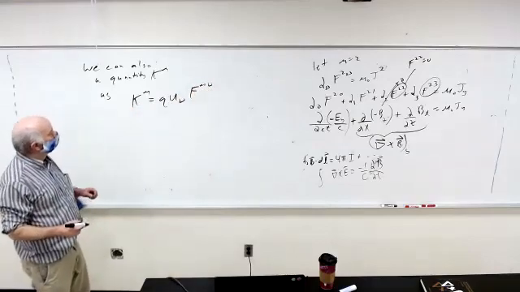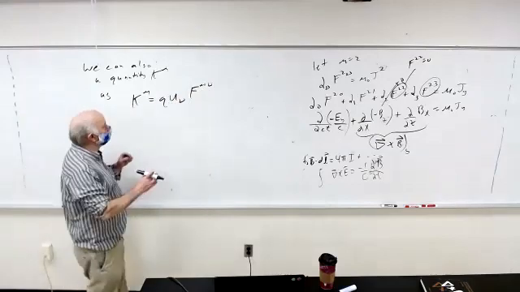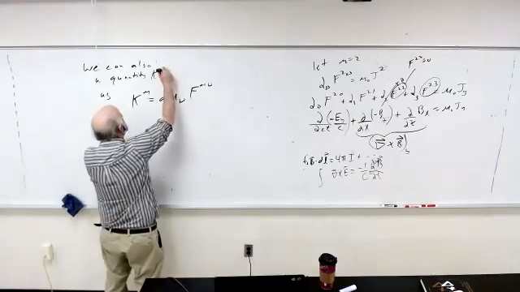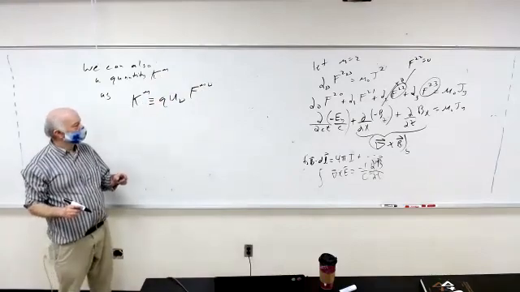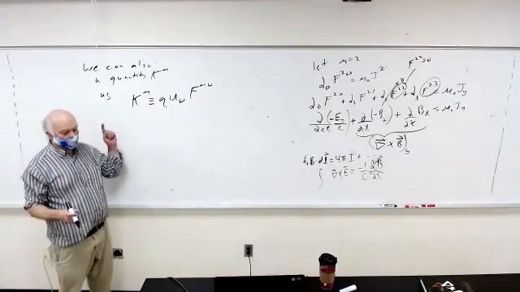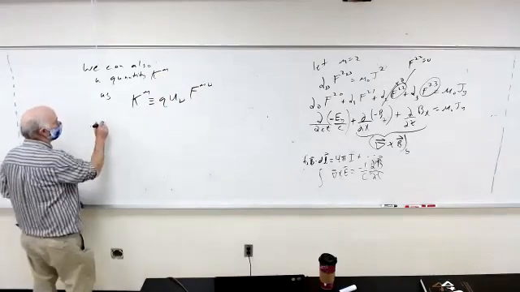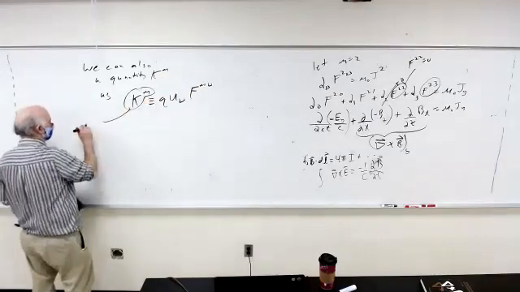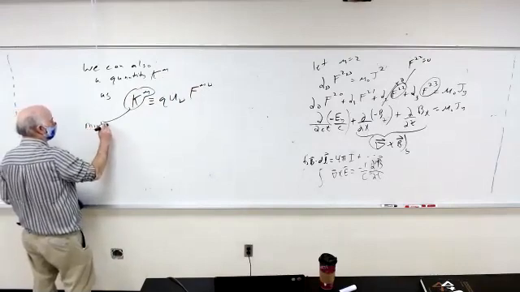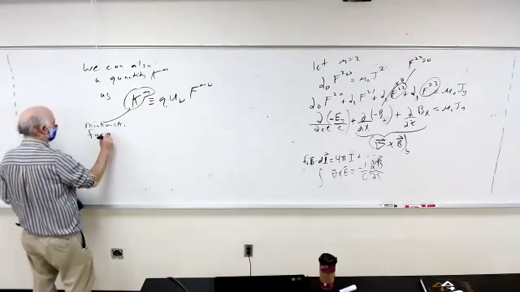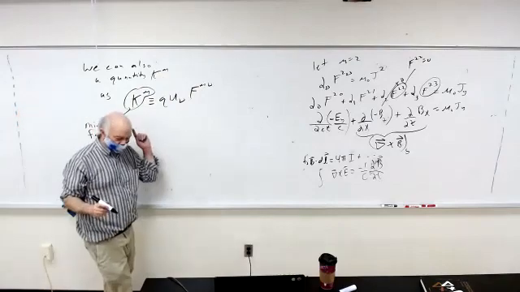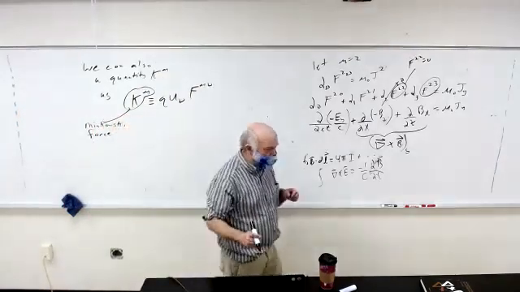I haven't told you what this K mu is yet. We're defining it like this. We'll find out what it is. Well, I'll tell you what it is. This right here is going to be the Minkowski force, and it's going to be related to something else, and I'll tell you that in just a second.